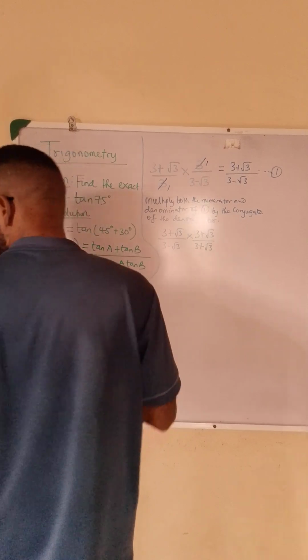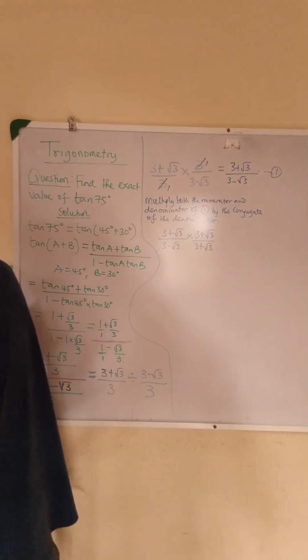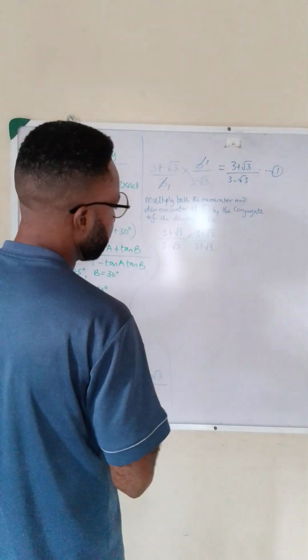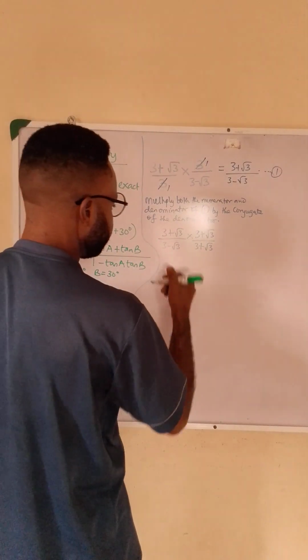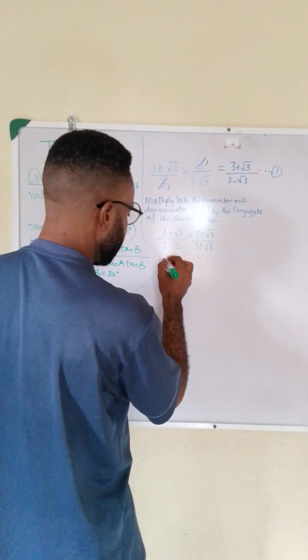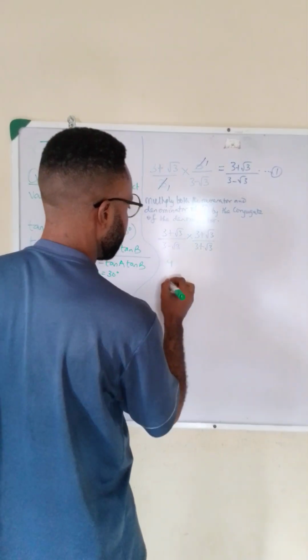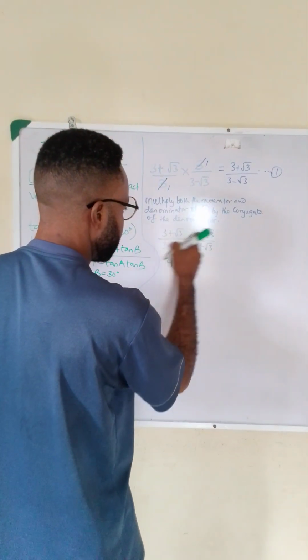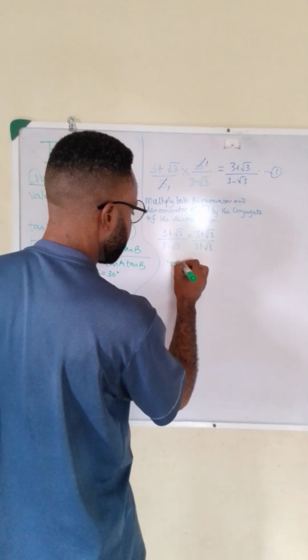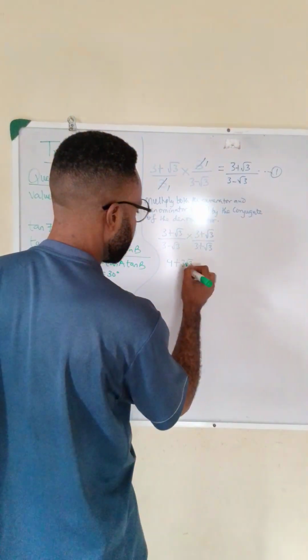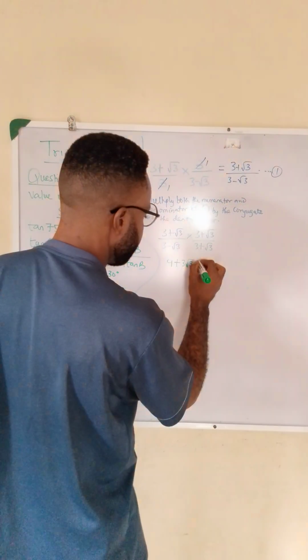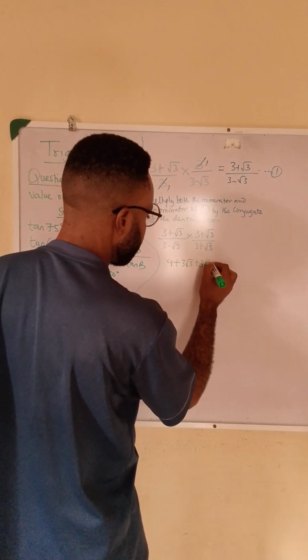So, having done that, we'll proceed. 3 times 3 will give us 9. 3 times root 3 will give us plus 3 root 3. Root 3 times 3 will give us plus 3 root 3.